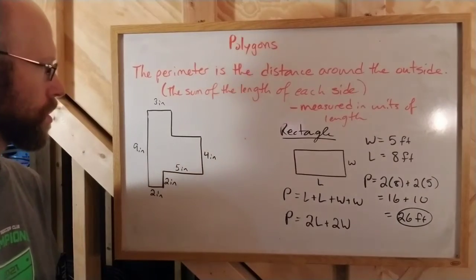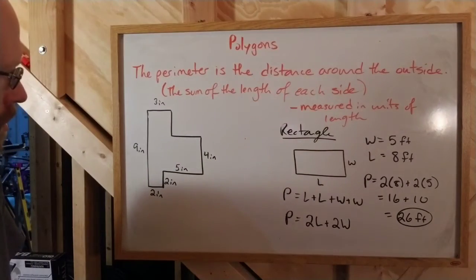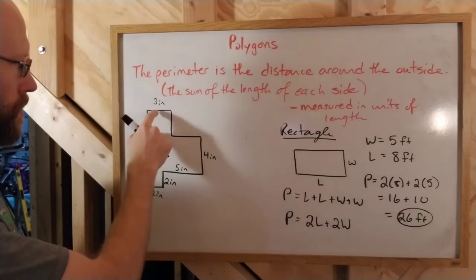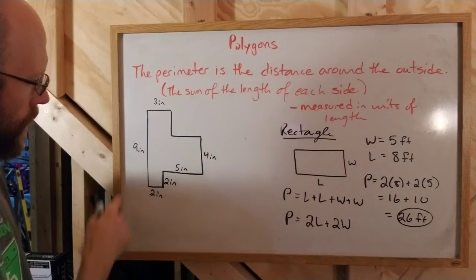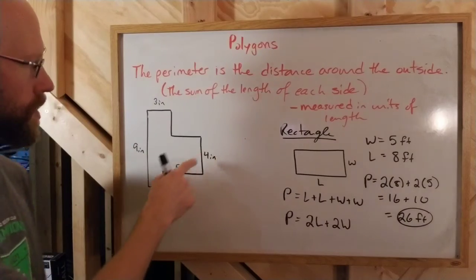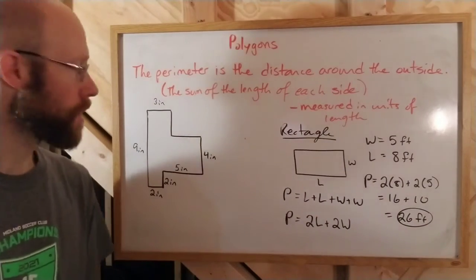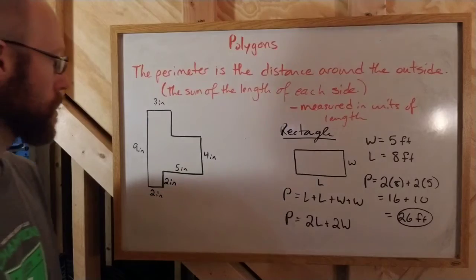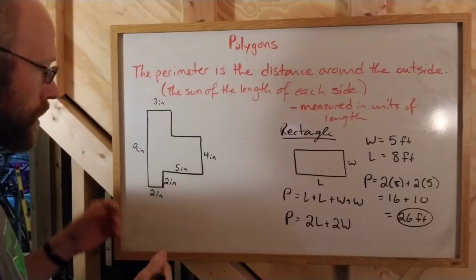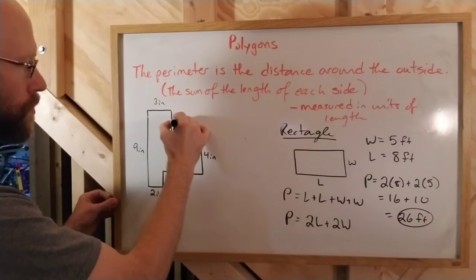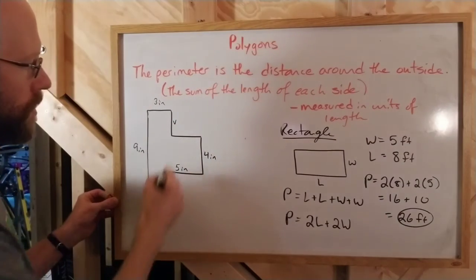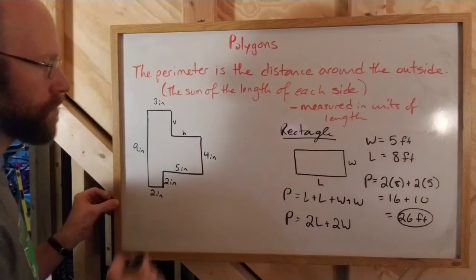And so to find the perimeter, let's see how many sides there are. 1, 2, 3, 4, 5, 6, 7, 8 sides. And I know 1, 2, 3, 4, 5, 6, so I'm missing 2 of them. And those 2 can be found, again, by looking at the vertical ones. This first one, I'll call V for vertical, and the other one I'll call H for horizontal.